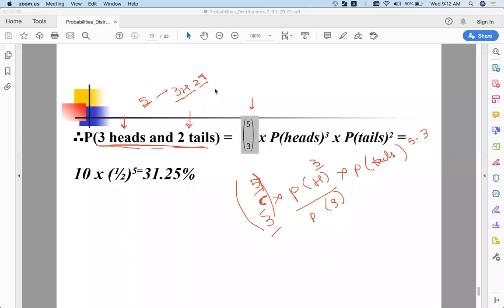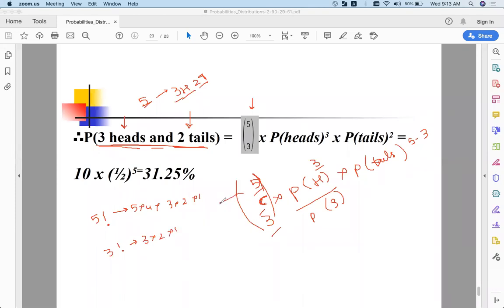So I'll explain in simple terms. 5 factorial is nothing but 5 times 4 times 3 times 2 times 1. For whoever doesn't know, 3 factorial is nothing but 3 times 2 times 1.